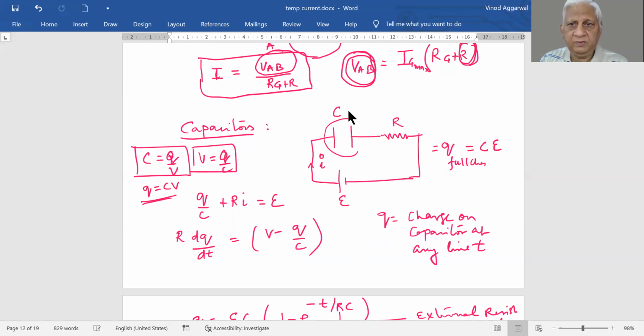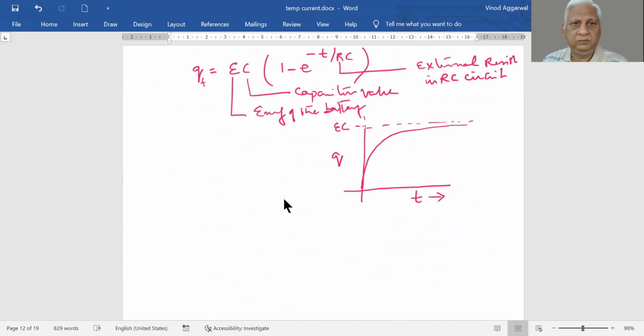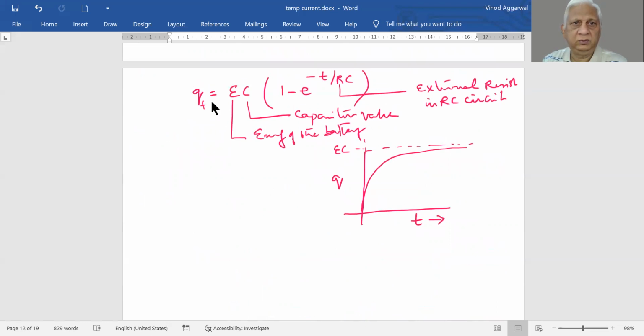C times epsilon. Because this capacitor cannot acquire more charge than C times epsilon, because this voltage cannot be more than this voltage. So this is the maximum charge which can go in, and after a while, it becomes asymptotic.